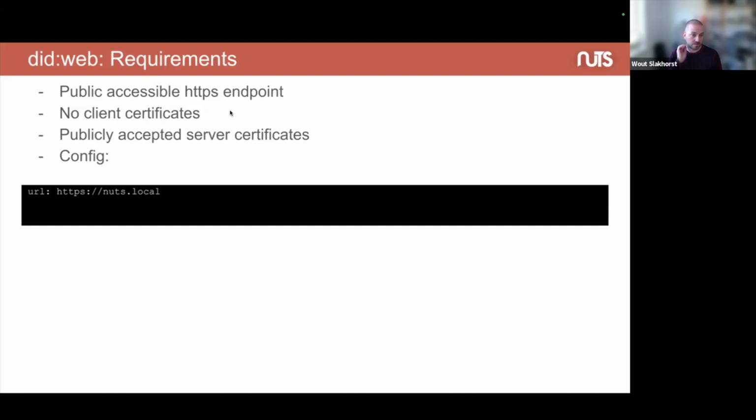No client certificates. So this is also a pretty big change. What we're currently thinking about, it's not final in all of its forms, is that node-to-node communication will probably not need client certificates anymore, which also means you can just use publicly available service certificates like the ones from Let's Encrypt or any other provider.